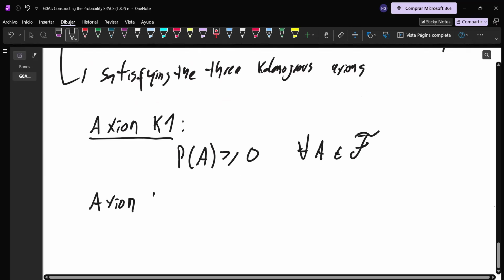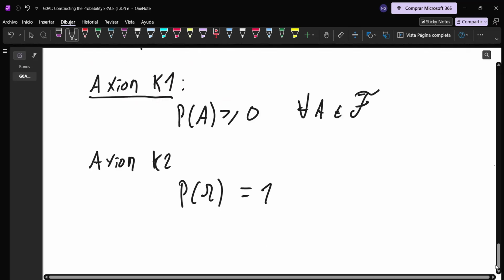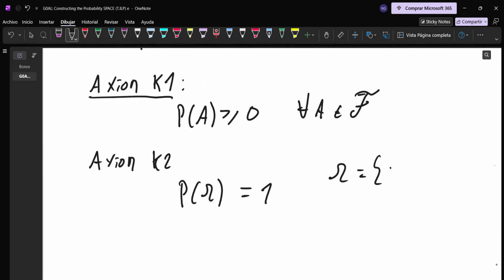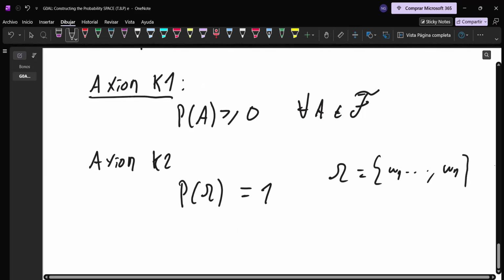This is axiom 2: the probability of Omega, of all the events, is 1. And this is a very important thing. I have Omega, and Omega is Omega 1 to Omega n. Then we try to measure the probability.